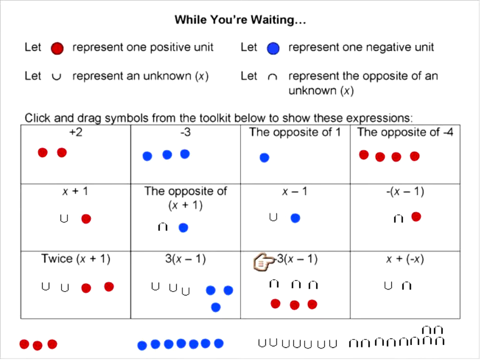Here you have negative 3 times the quantity x minus 1. You can think of it as negative as the opposite. So what did you have right before it? You had 3 times the quantity x minus 1. So the opposite of that was turning these cups upside down and then changing the color of the markers.